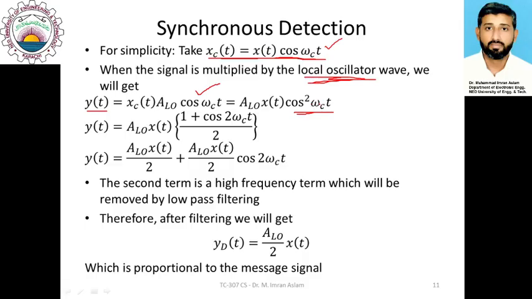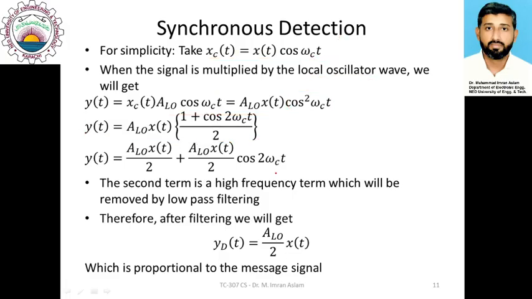This cos square omega_c t term can be decomposed into two parts using a simple trigonometric relationship, which is (1 + cos 2 omega_c t)/2. So you can see y(t) is a combination of two terms shown here: A_LO x(t)/2 plus A_LO x(t)/2 cos 2 omega_c t.